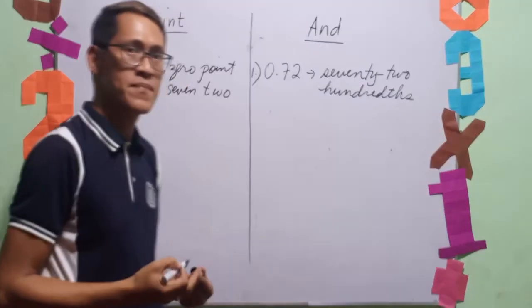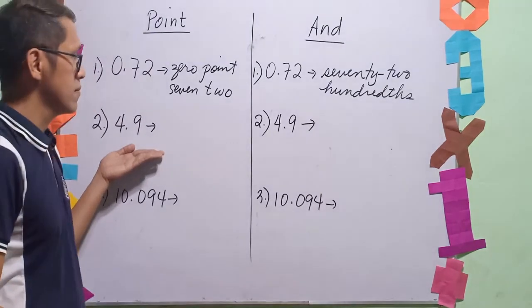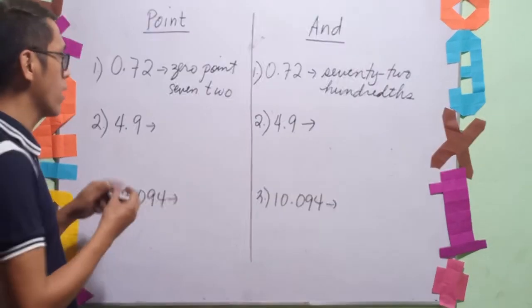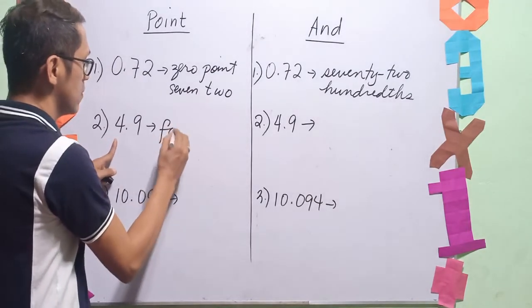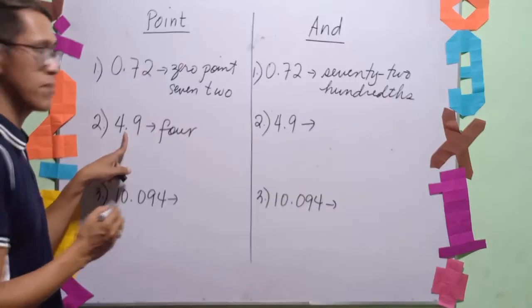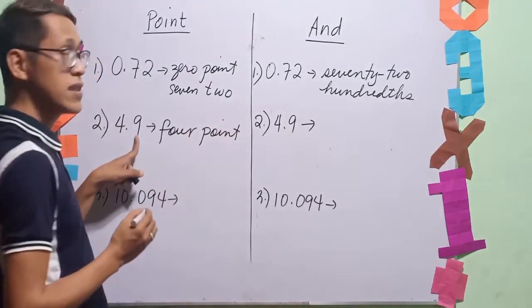There. Let's have the second example. Let's use the word point. So it's 4. Again, we'll use point for the decimal point. So it's 4.9, correct?